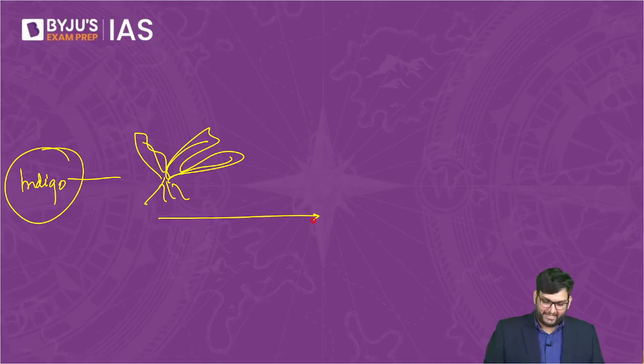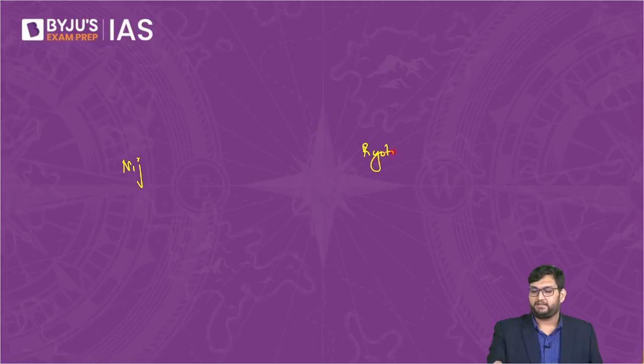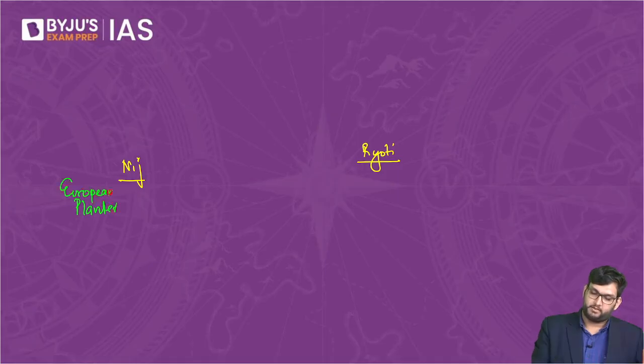Now, in India, as you remember, there were 2 ways in which indigo was produced: Nij and Rayati. Under Nij, the concept was that a European planter is going to come on his own land.